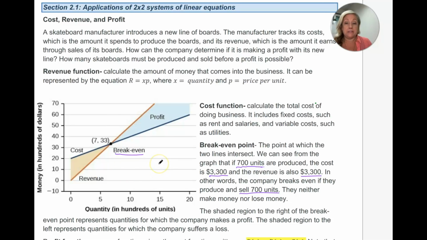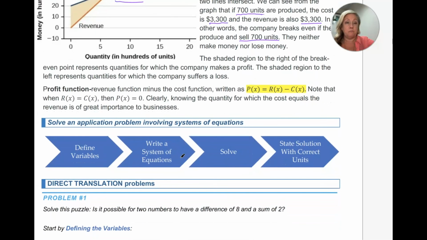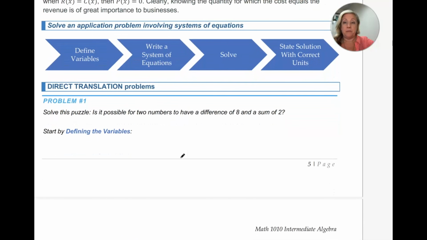Now, like I said, this is something that you could see in business, but there are other ways that we can apply and use these systems of linear equations to figure out something when we have two equations and two variables.